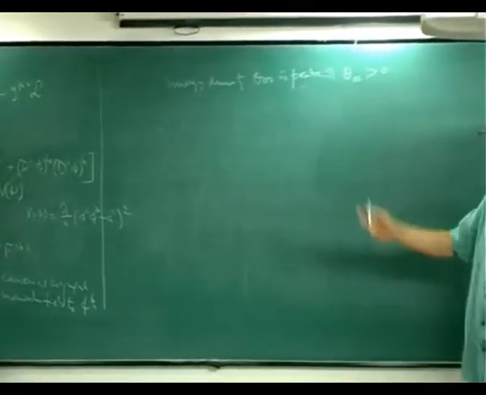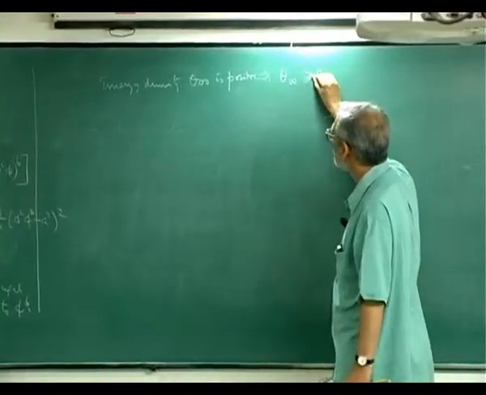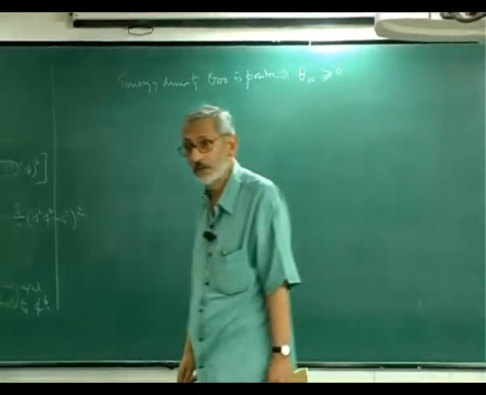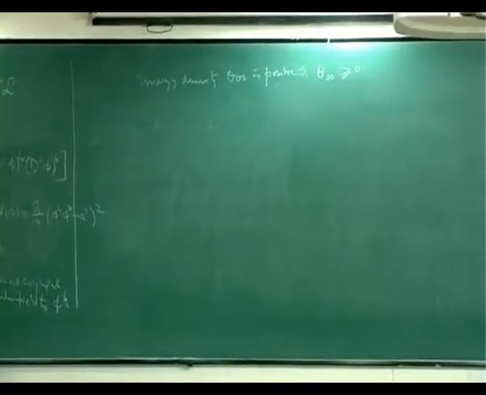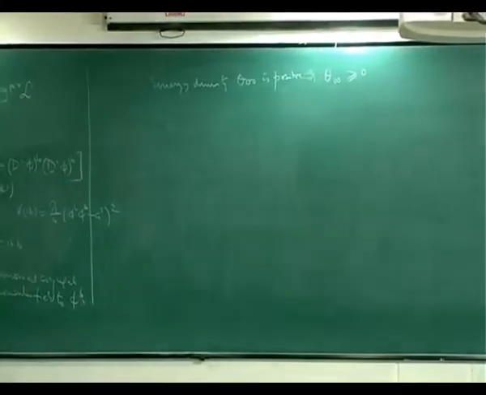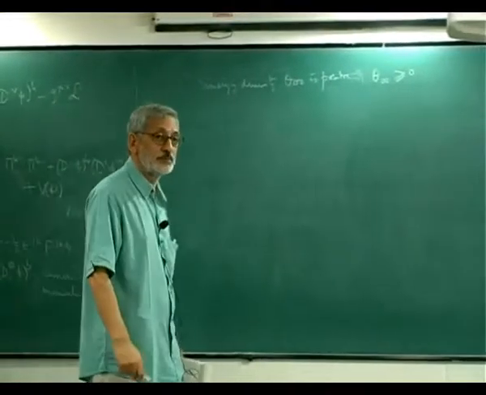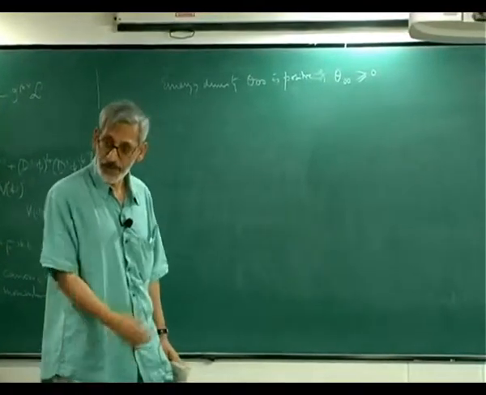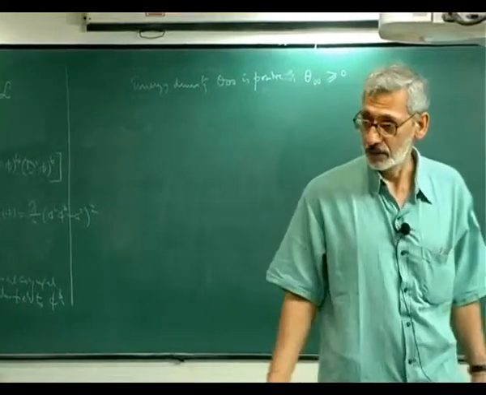So it's a sum of positive quantities, so it's positive, or at best 0. At the lowest, 0. And since it's a sum of squares, the smallest value that the energy density can have is 0.